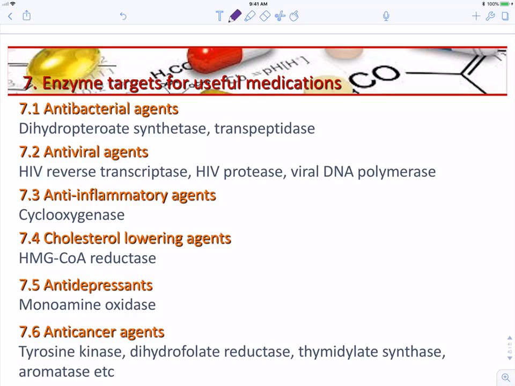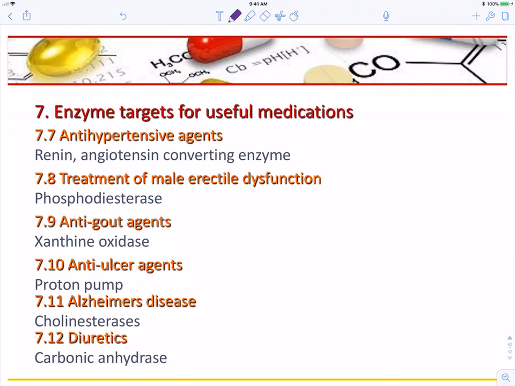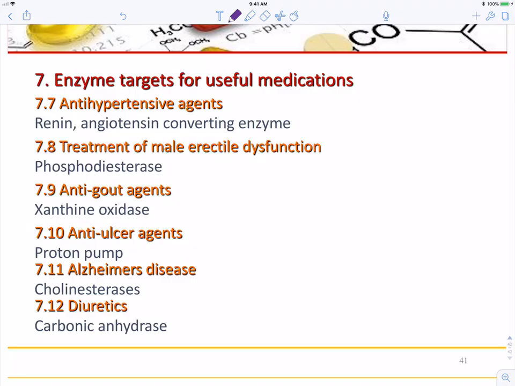So we have antibacterial agents, typically target enzymes, antiviral agents, anti-inflammatory agents, cholesterol-lowering agents, antidepressants, anti-cancer agents, antihypertensive agents, drugs like Viagra and Cialis used in the treatment of male erectile dysfunction, anti-gout agents, anti-ulcer agents, anti-Alzheimer agents, and diuretics.